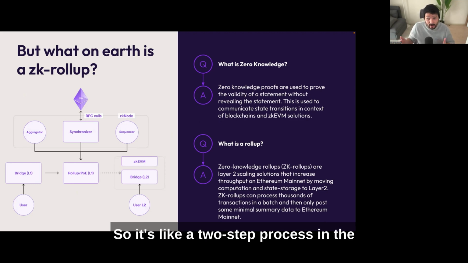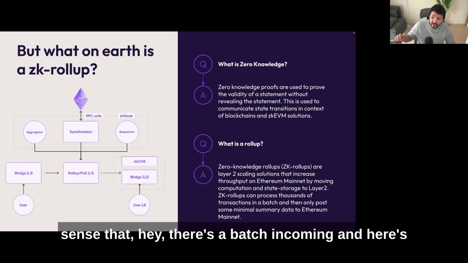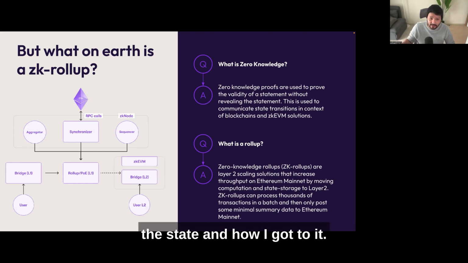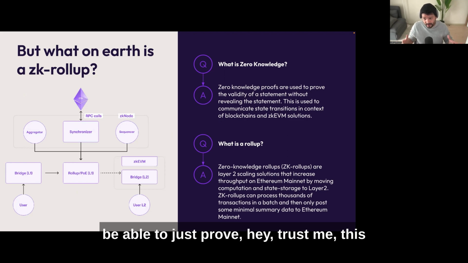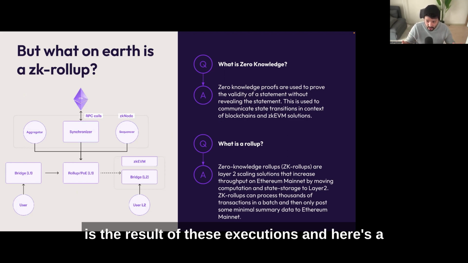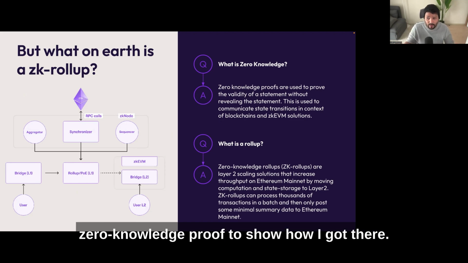So it's like a two-step process in the sense that, hey, there's a batch incoming, and here's the state and how I got to it. And this is really using zero-knowledge proofs to be able to just prove, hey, trust me, this is the result of these executions, and here's a zero-knowledge proof to show how I got there.